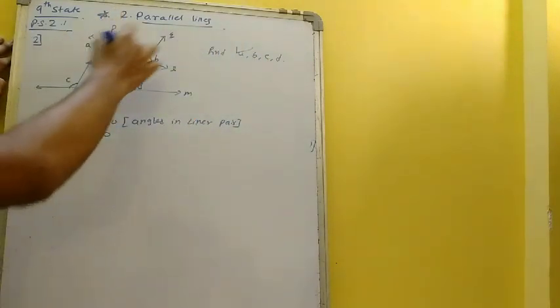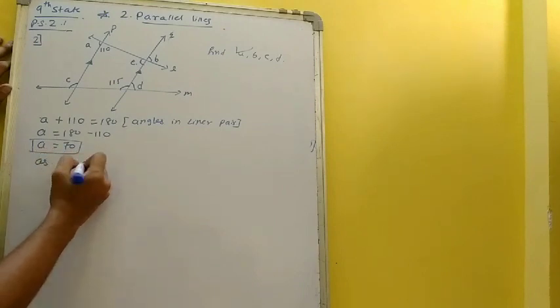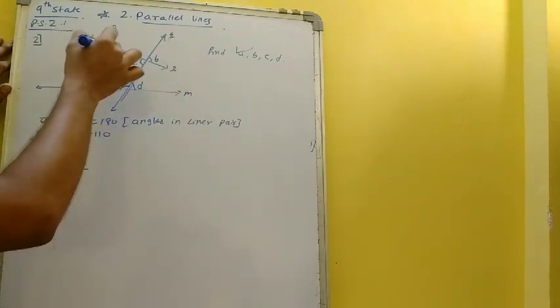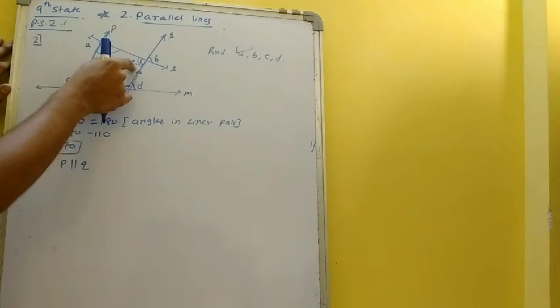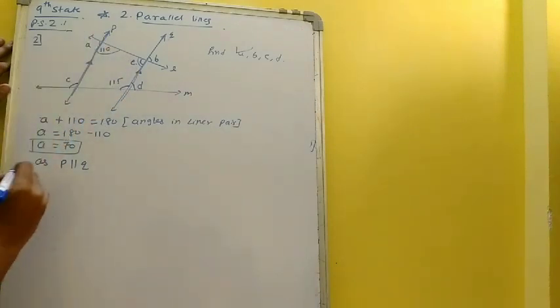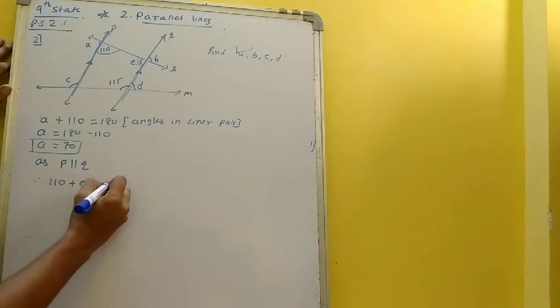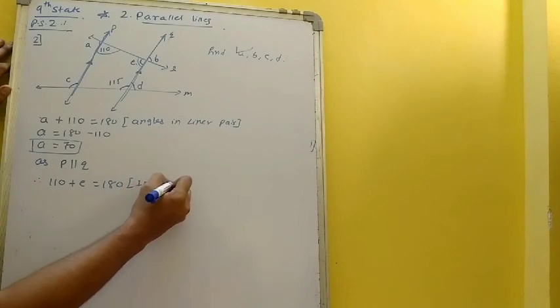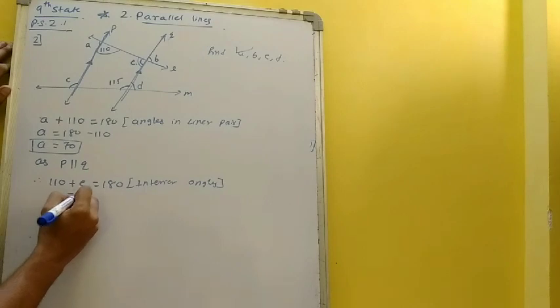Now we know that P is parallel to Q. As P is parallel to Q, these are the two parallel lines, and I can say that this angle and this angle are the interior angles of the parallel lines. Therefore, I can say 110 plus E is equal to 180. Interior angles. Okay. Therefore, E is equal to 180 minus 110.